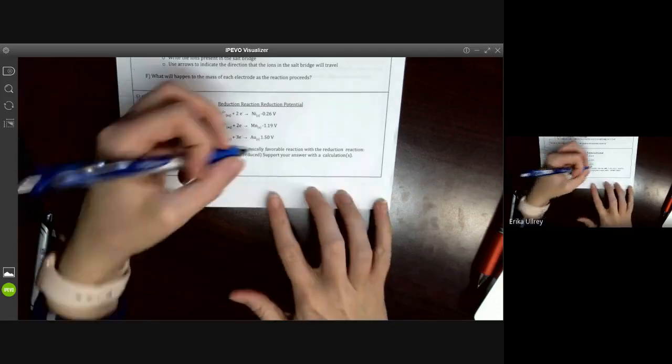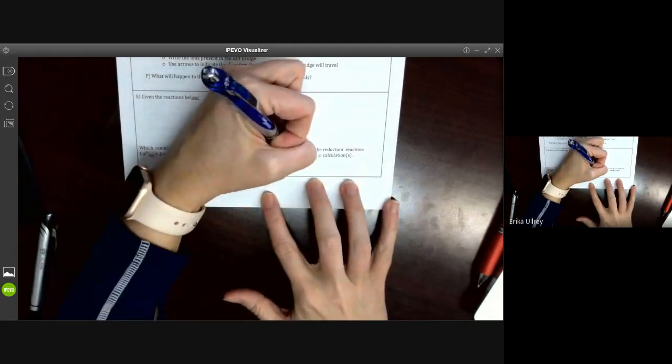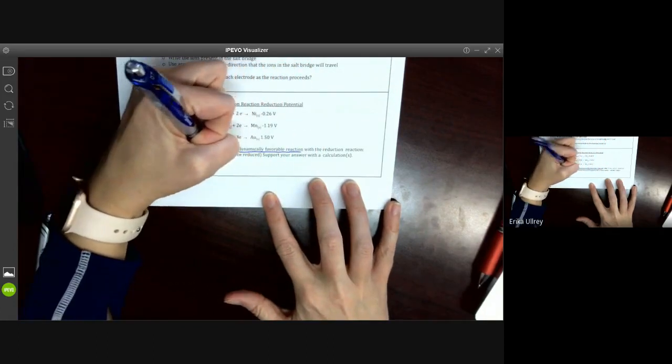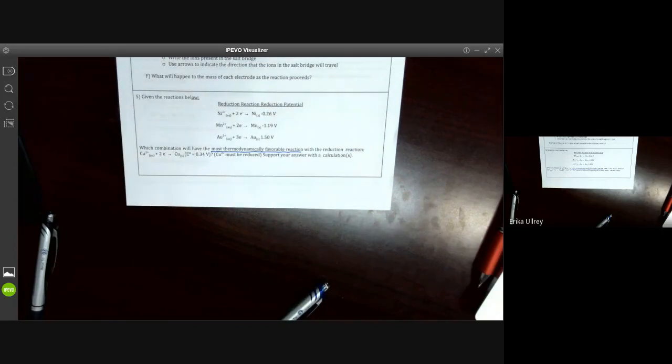It says, which combination will have the most thermodynamically favored reaction with the reduction reaction copper, Cu, must be reduced? Support your answer with calculations. So when we're talking about which combination would be most thermodynamically favored, what do you think we're looking for in terms of voltage?